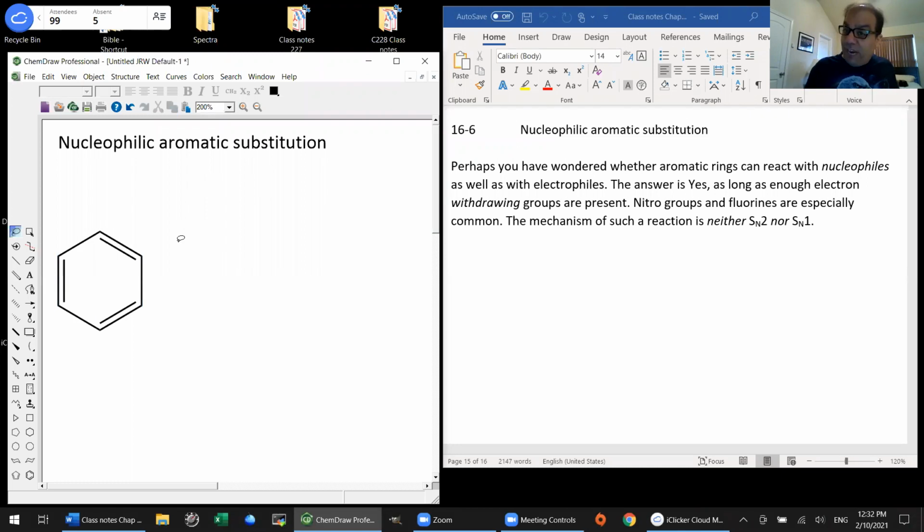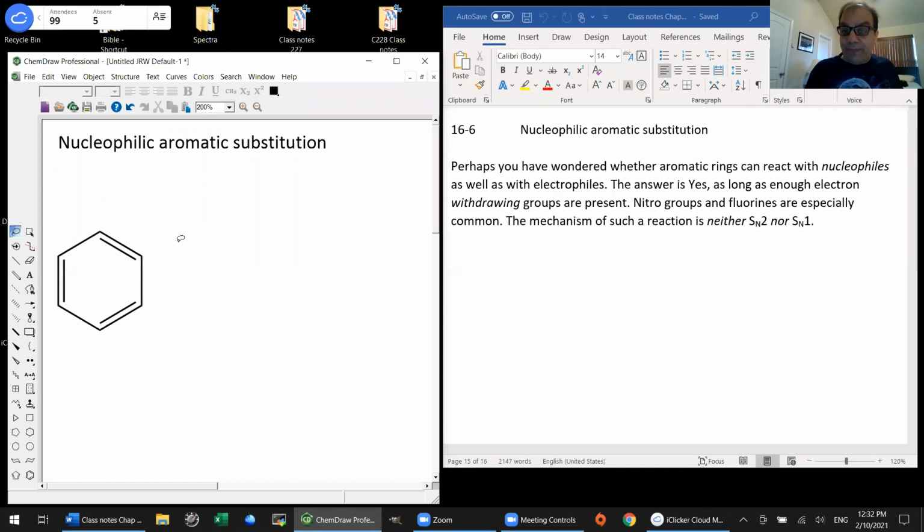With electrophilic aromatic substitution, we found that electron donating groups activated the ring towards electrophilic aromatic substitution, which makes sense. You're asking the benzene ring to act as a nucleophile and to donate electron density out towards an electrophile.